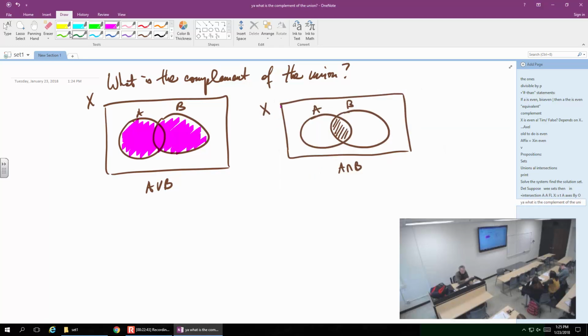Okay, I just need to erase this. So then I complement it, right? So what I'm left with is this. Complement: whatever is not purple is now marked with green.